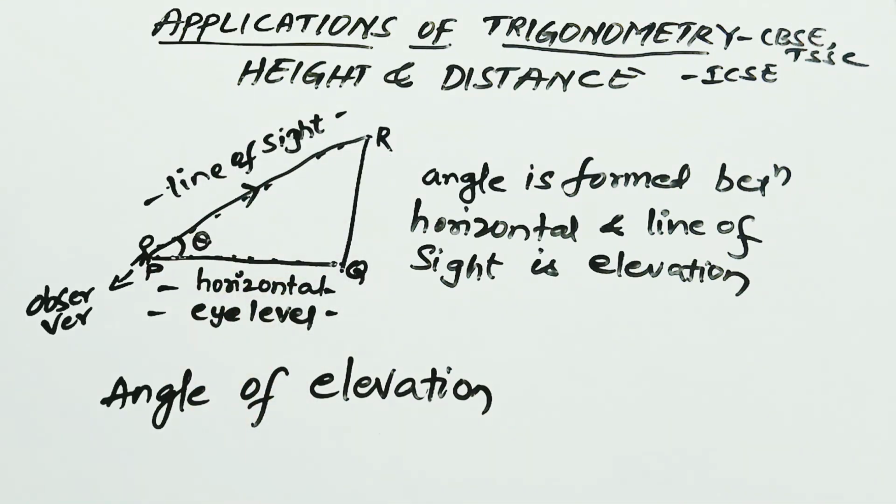So, R is responsible for making the observer see. This is called the angle of elevation.